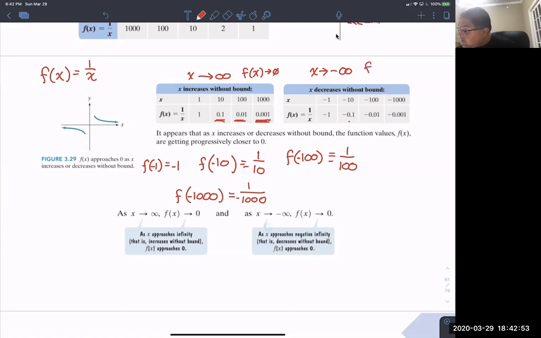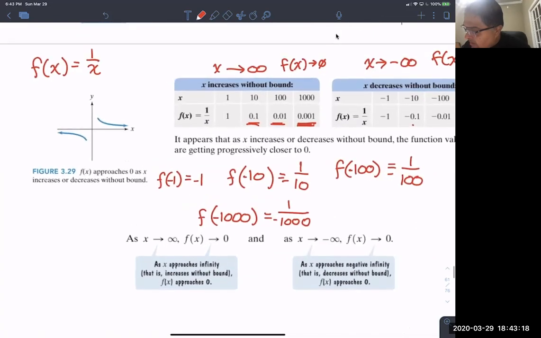So this is different than when x was going to a certain number. When x was going to a number, my output was going to infinity or negative infinity. Here, as x is going to infinity or negative infinity, f of x is approaching the same number, which is, in this case, 0. So look at the graph right here.